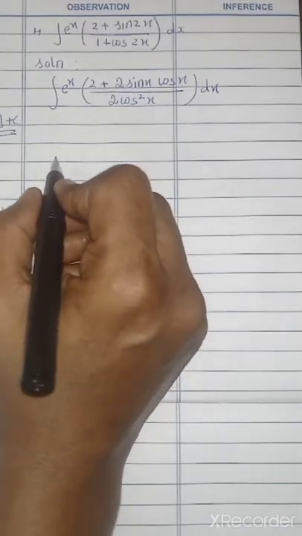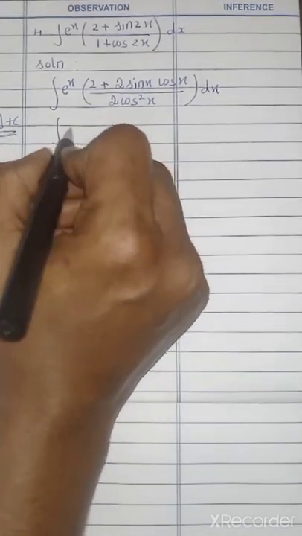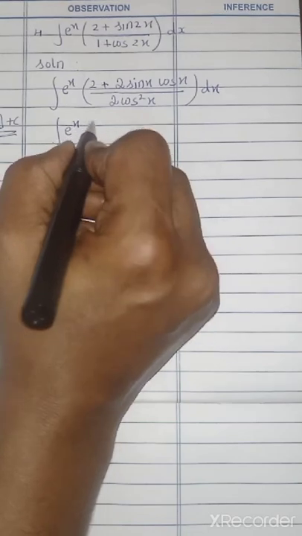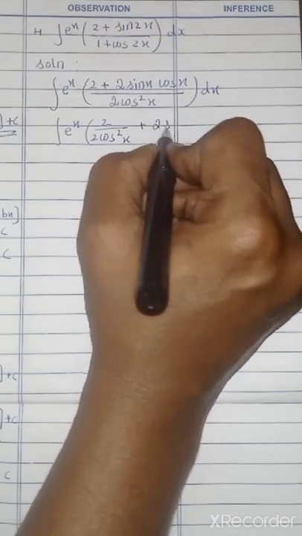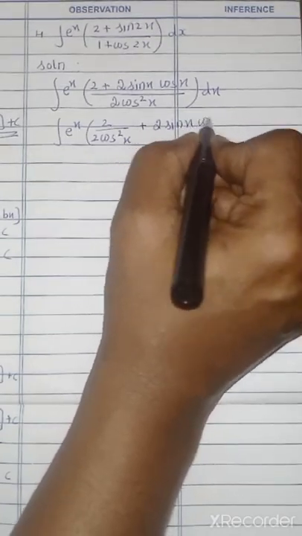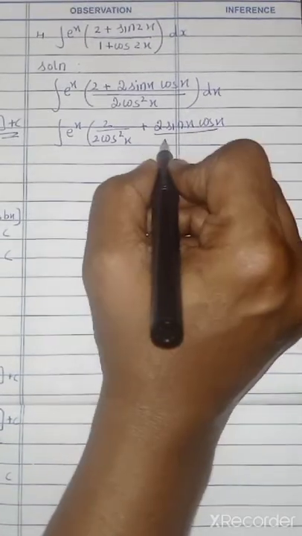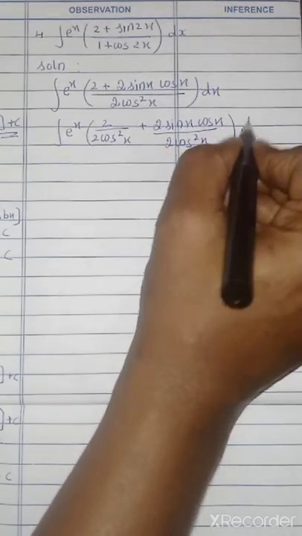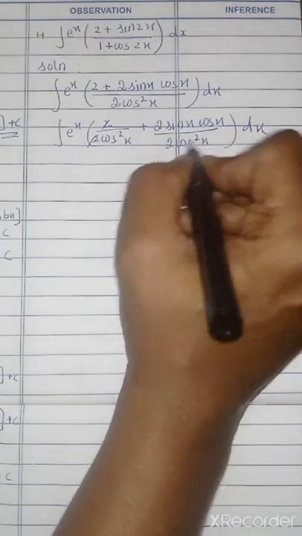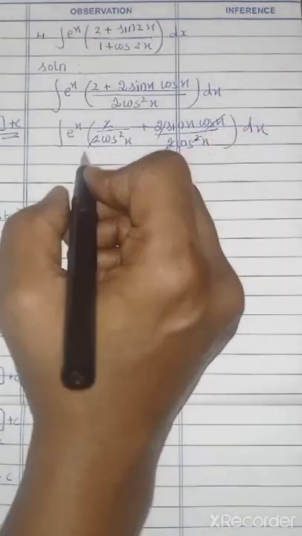So again we can write this as e power x into 2 by 2 cos square x plus, splitting the function, 2 sin x cos x by 2 cos square x dx. 2 cancels 2, cos and square will get cancelled.